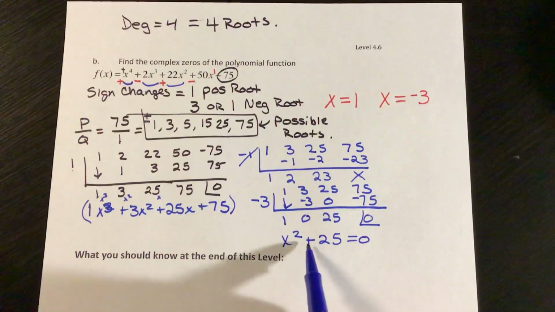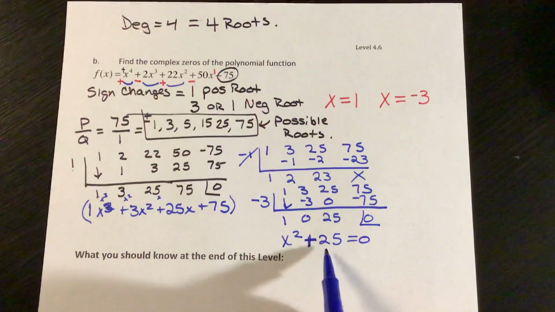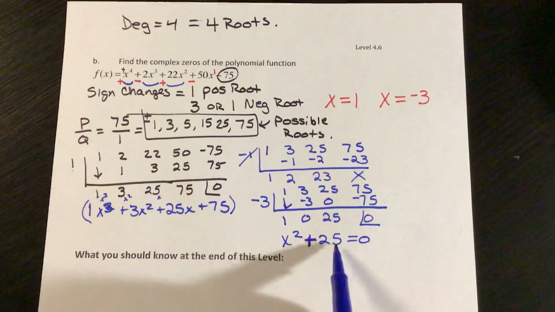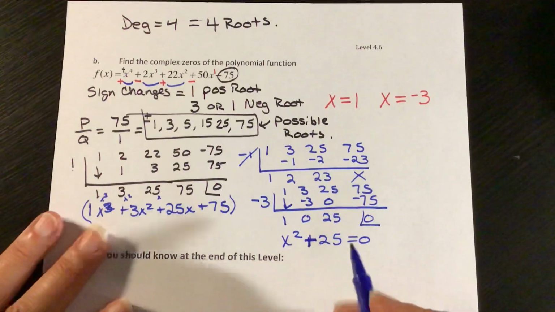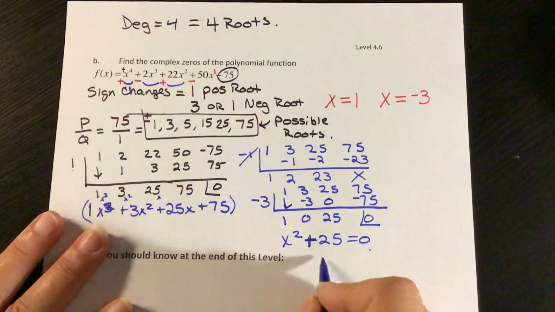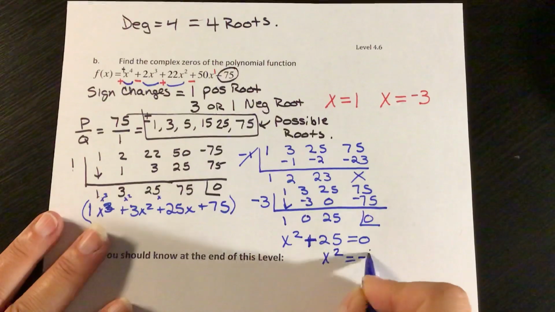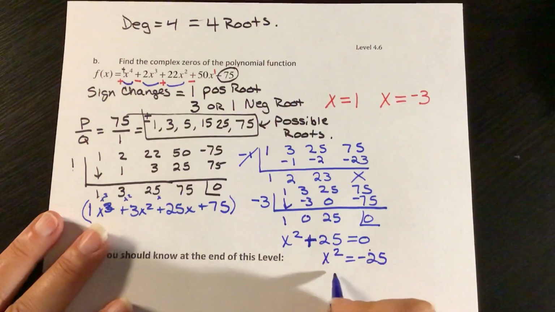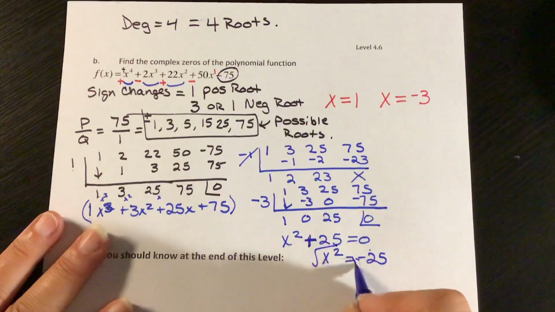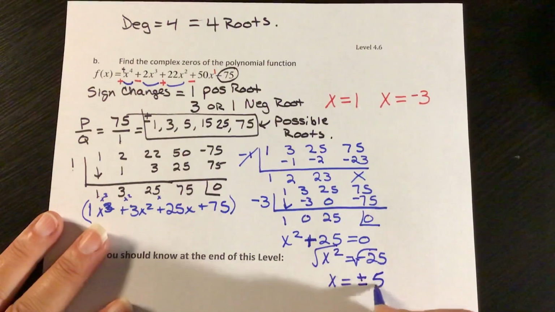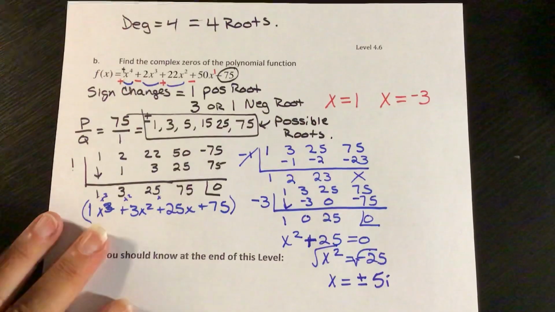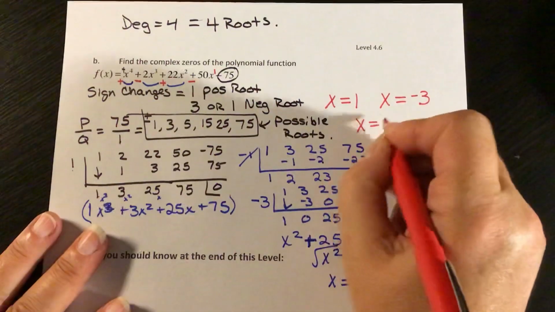So I'm not able to factor the sum of squares and get real number roots. So I can subtract 25 on both sides and square root both sides, and x is going to equal plus and minus 5i. So those are my other roots.